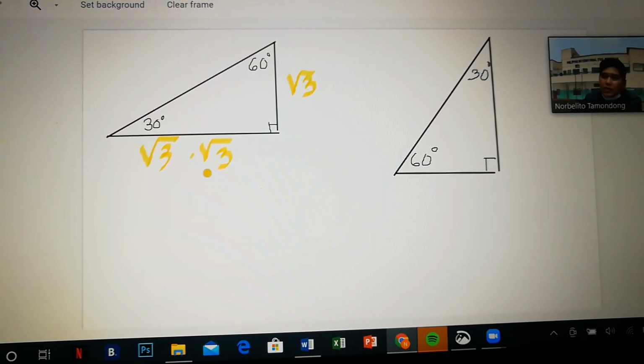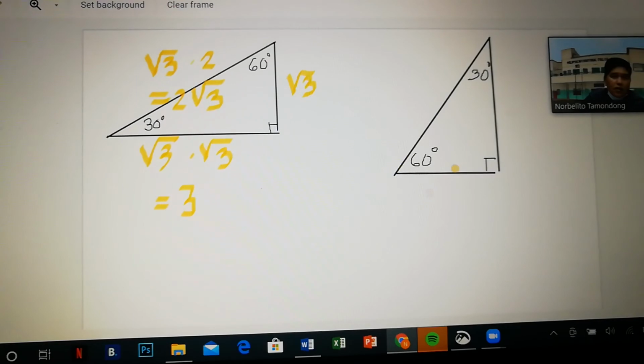Square root of 3 times square root of 3 is equal to square root of 9, which is equivalent to 3. So your longer leg is 3. Now, how do you find the hypotenuse? Copy again what is given, square root of 3. What is the relation? Just simply multiply by 2. So your answer becomes 2 square root of 3.